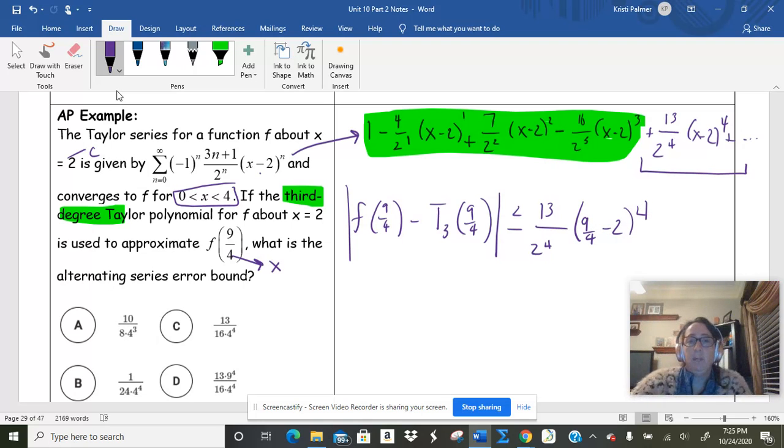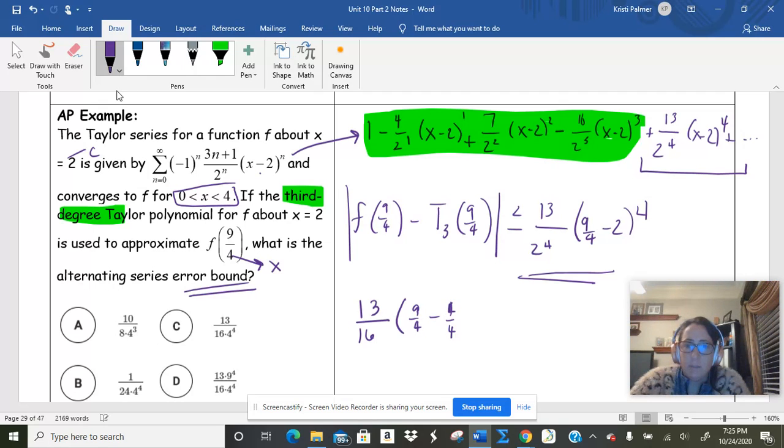So, I mean, we could have plugged in 9/4 to find the approximation, but it just wants to know, what is the error bound? So, yay, we get to go try to simplify this a little bit. So this would be 13 over 16. 9/4 minus 4 over, nope, not 2. I need to get to 4.